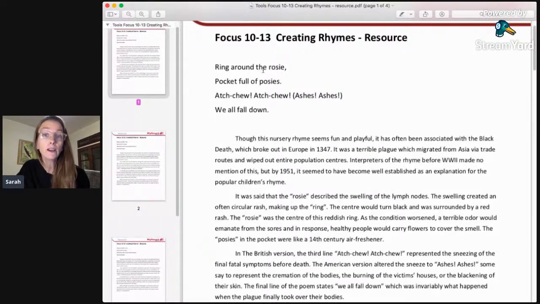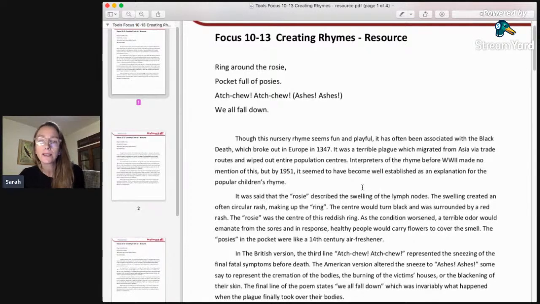Ring around the rosy, pocket full of posies, achoo, or ashes, ashes, we all fall down. Though this nursery rhyme seems fun and playful, it has often been associated with the Black Death, also known as the plague, which broke out in Europe in 1347.